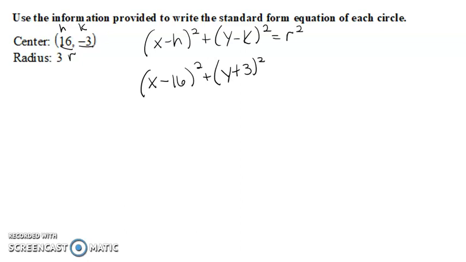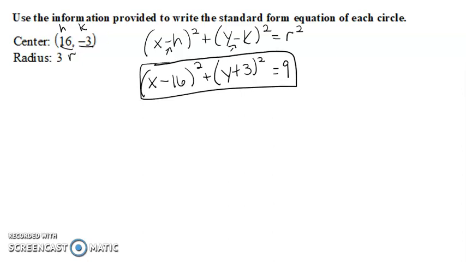Because in the standard form, written out with our h and k, you're subtracting. So you need to flip the signs when you put an actual value in there. So I've got x minus 16 quantity squared plus y plus 3 quantity squared equals r squared, and r is 3, so r squared is 9. Okay? So that's if you're given the center and the radius.